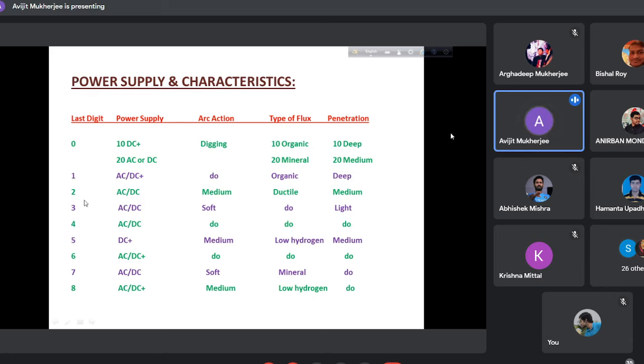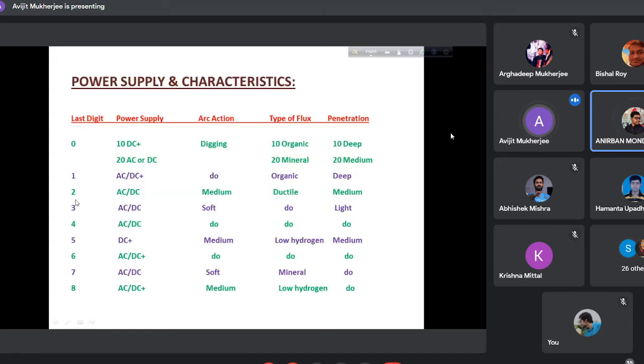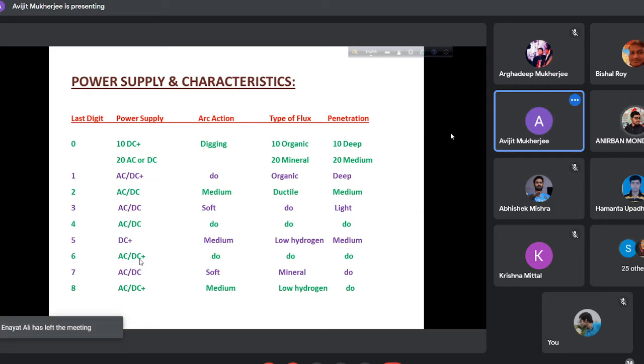Now, say in our case, we selected the example where 6 was the power source. So what is meant by 6? You come to this table. 6 means power supply may be either AC or DC positive terminal.